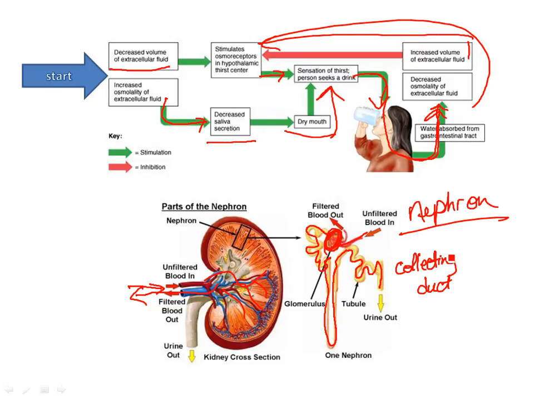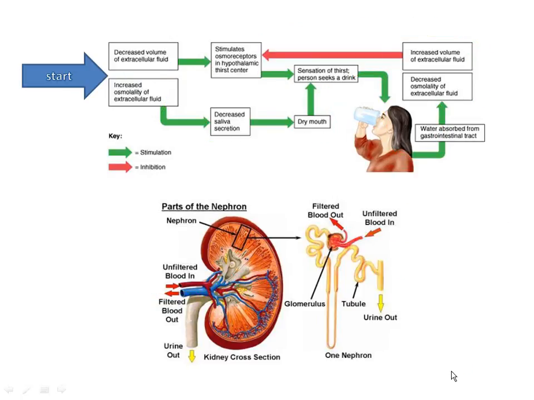All right, so let's erase some of this. Let's just get rid of all of it. All right, so let's look now at these tubes again. Okay, here we have the tube closest to the filtration system. So that is your proximal convoluted tubule.